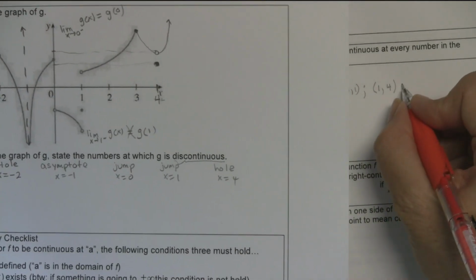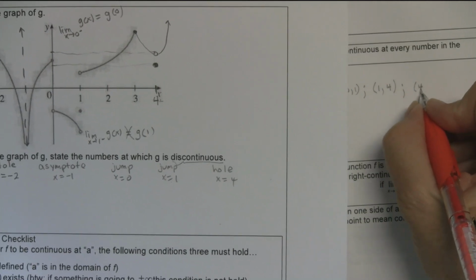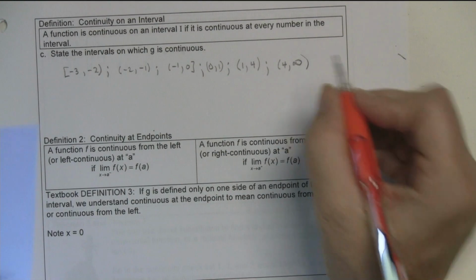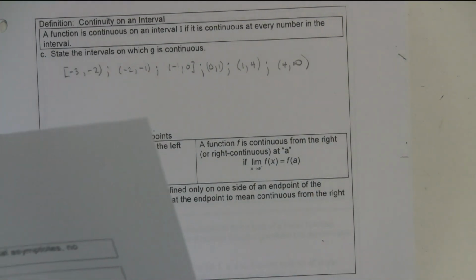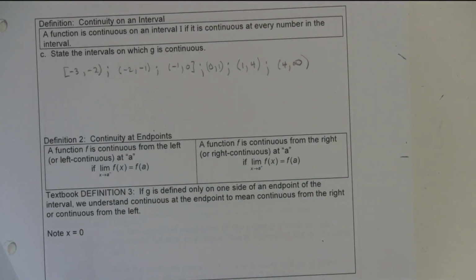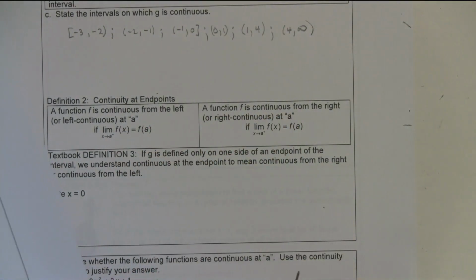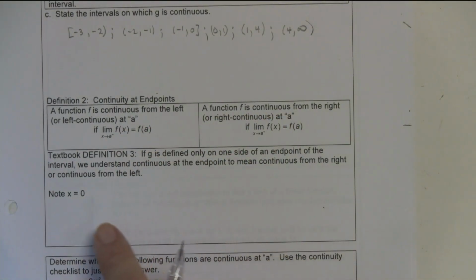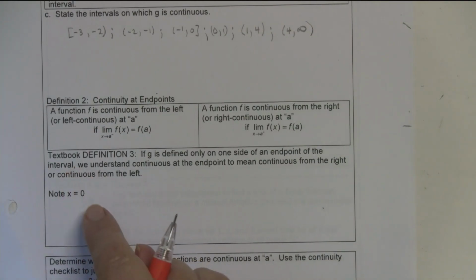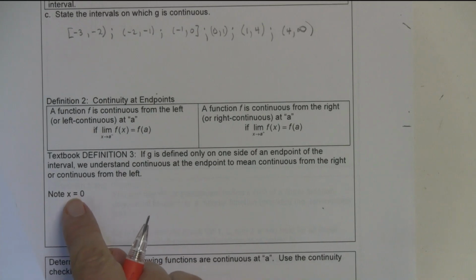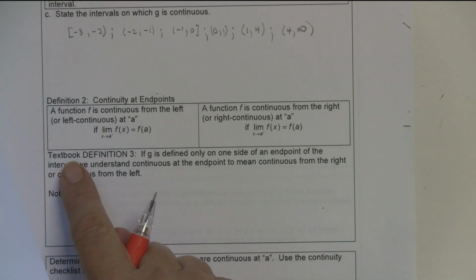And then I guess the way I've drawn it, from 4 to infinity, because I've added on some stuff and it's all continuous at the end. So they're just telling you to watch the left-hand and right-hand continuity, and the only place that we had left-hand or right-hand continuity, either one, was at x equals 0.